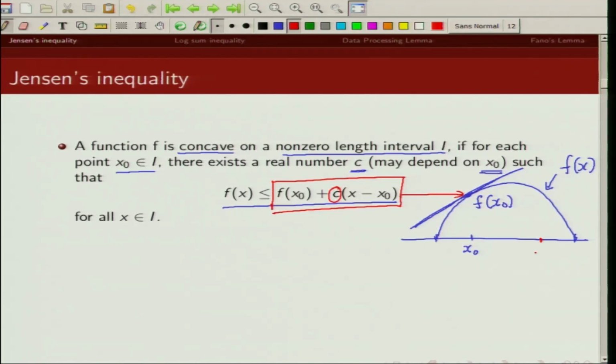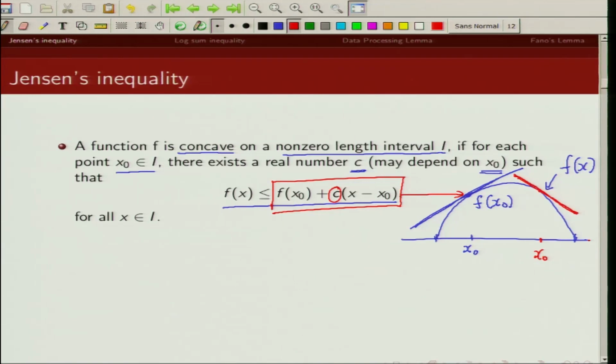For example, if I choose this as my x0, then the slope is negative. So this is what the line is. So if the function is concave, I can draw a line passing through x0 and this function will lie below that. That is what I mean by the function being concave.